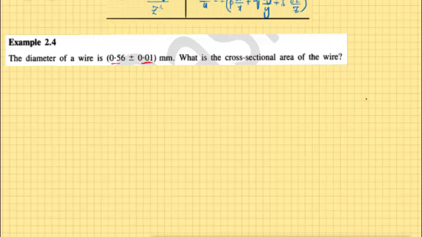So I can say that I've been given the diameter and its uncertainty as 0.56 plus minus 0.01 millimeters, and the question is: what is the cross-sectional area of the wire? So I need to calculate the cross-sectional area.